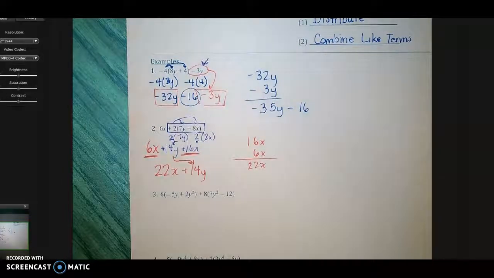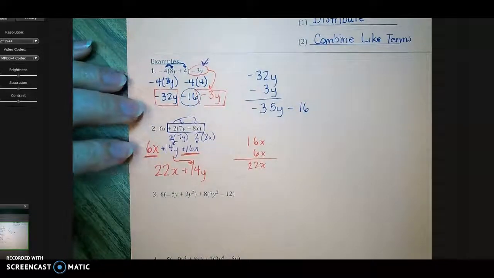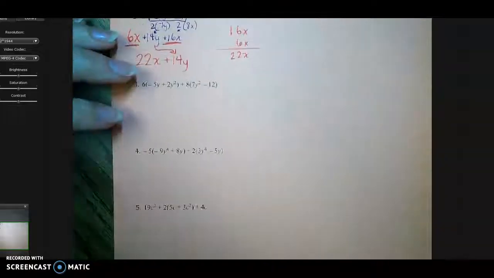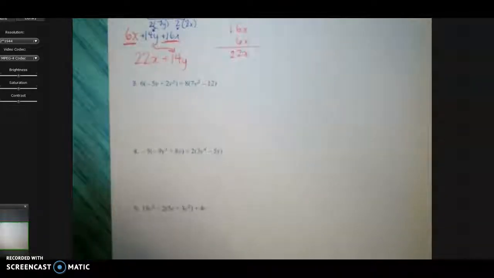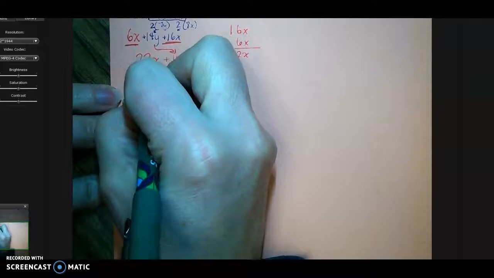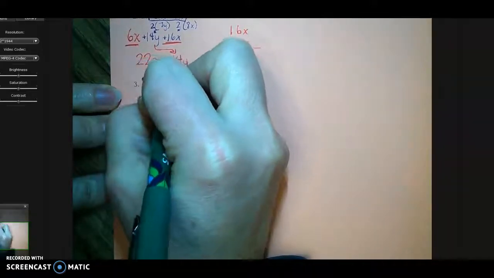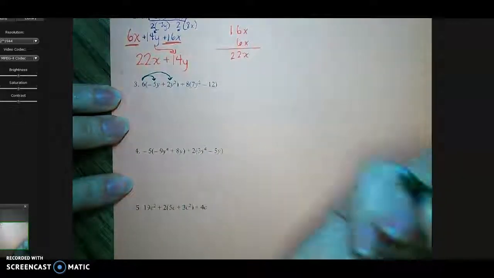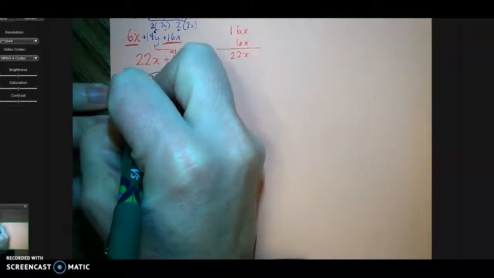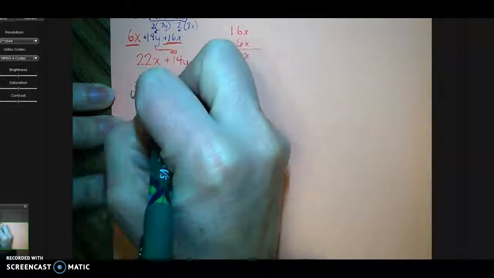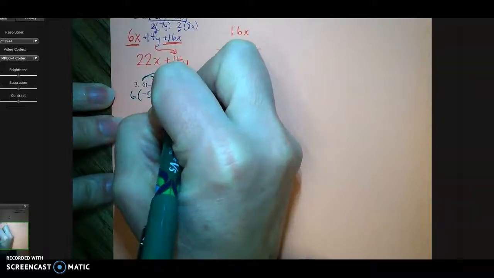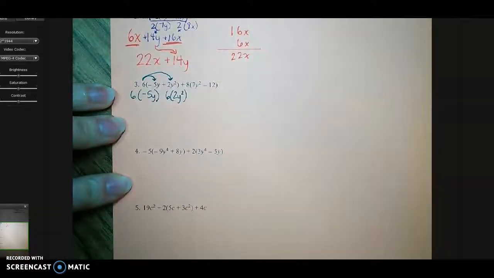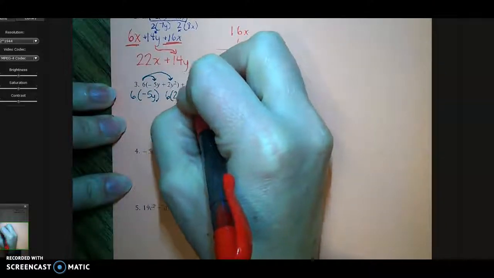Now this next one looks messy, but if you notice, I have two sets of the distributive property. So first, I'm going to distribute the 6 over this one. So I'm going to have 6 times -5y and 6 times 2y squared. In my second one, I'm going to distribute an 8.